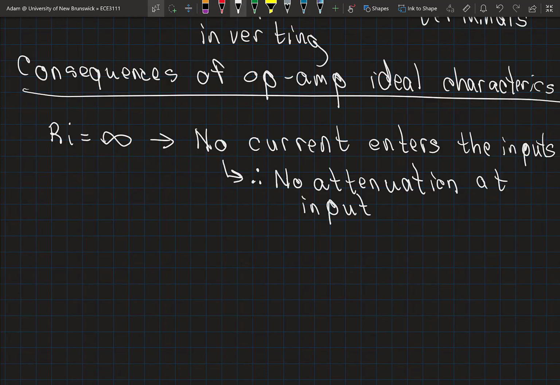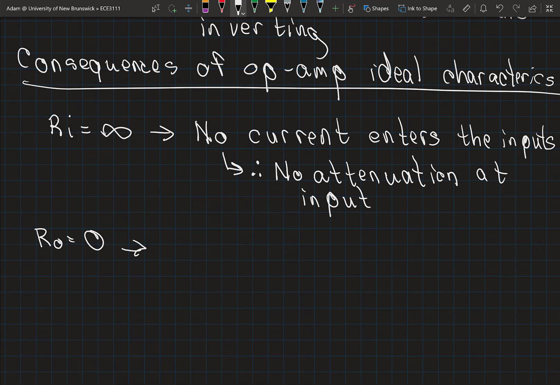Okay, the other ideal parameter is that the output resistance is zero. So what are the consequences of this? Well, if we look back at our diagram, we see that the output voltage is a function of this gain that we said is very high, the open loop gain as we're going to call it, times the differential voltage.